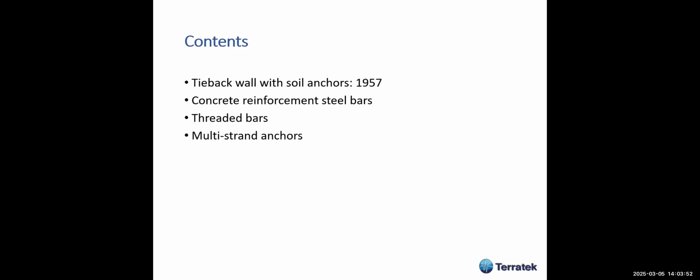And I'm going to talk a little bit about multi-strand anchors, corrosion, which may be a problem, and we have to address this carefully, and grouting, and testing, how we do testing. And by doing testing, we come up with rules to get soil anchor friction, okay? Soil nail friction.